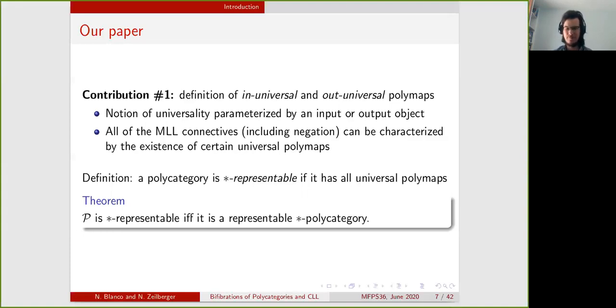And so with this analogy in mind, we introduce star-representable polycategories, which are polycategories that have all possible universal polymaps. And then we prove the following theorem, which is our first contribution, that this notion of star-representable polycategory is equivalent to the notion of representable star polycategory that has been studied by Cockett, Seely, and others to represent multiplicative linear logic.